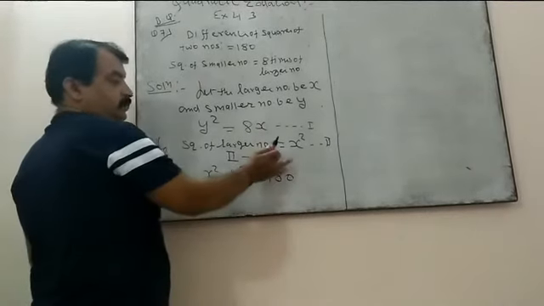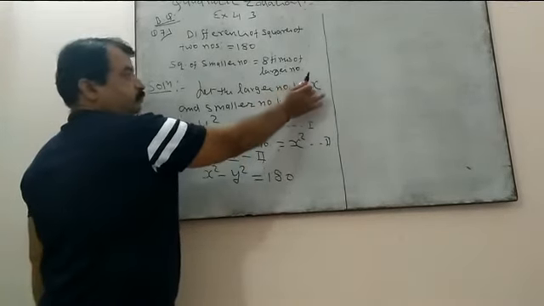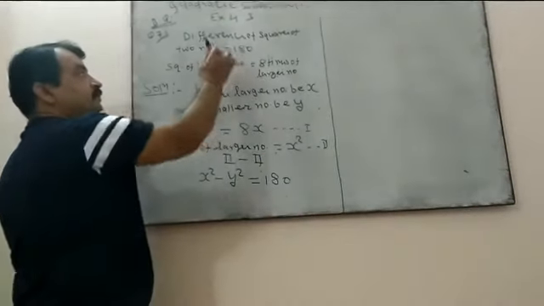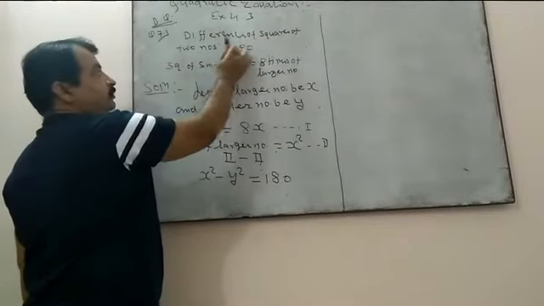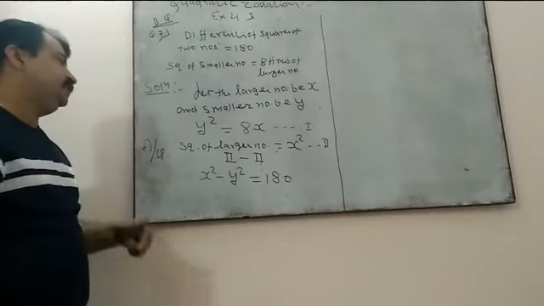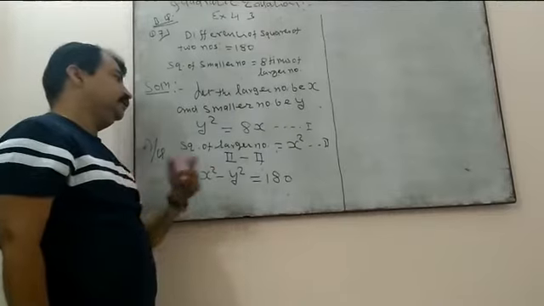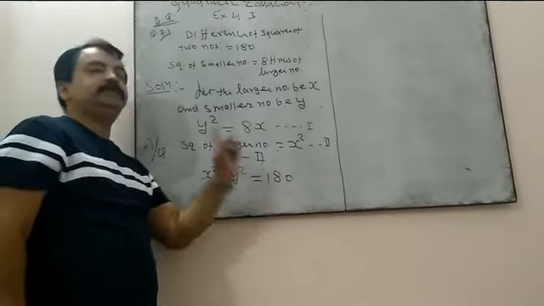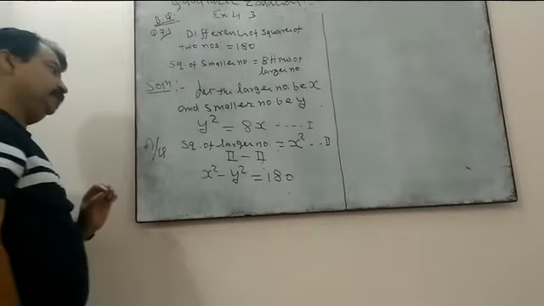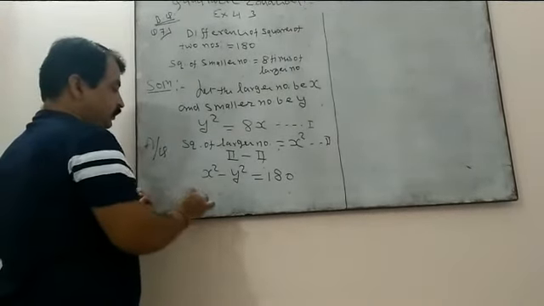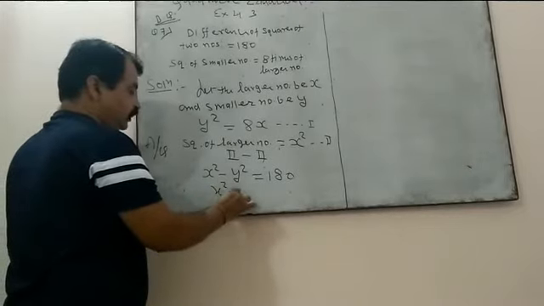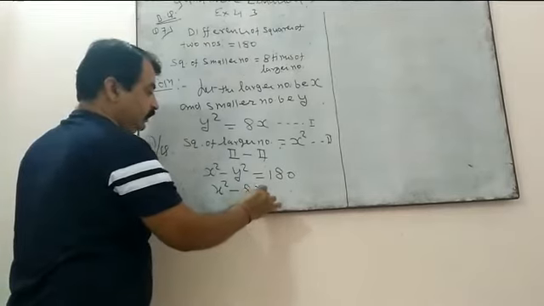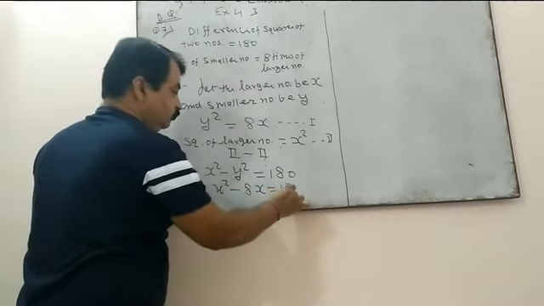And the square of the larger number, since we assumed x, its square will be x square. Right? Then see the first criterion, the difference of the squares of the numbers is given 180. So when we take the difference, we have to take care: the larger number square minus smaller number square we take for making the equation. Clear? Therefore, x square minus y square. What is y square? 8x equal to 180.